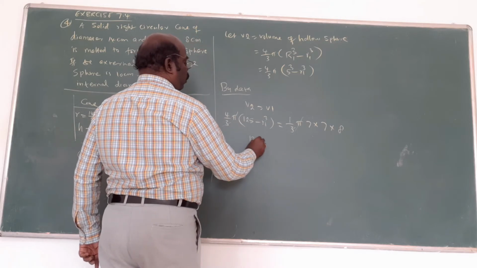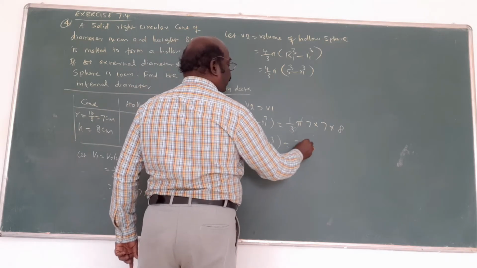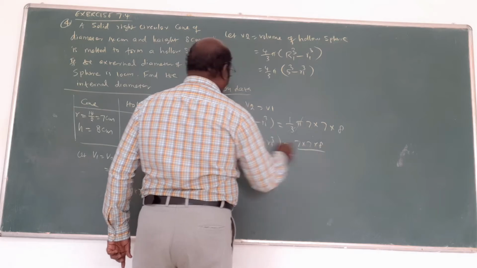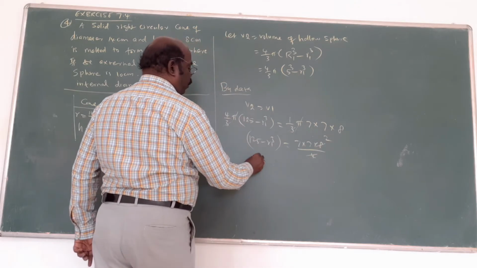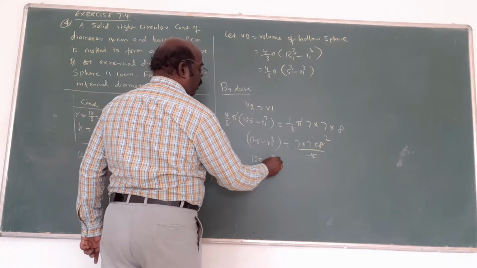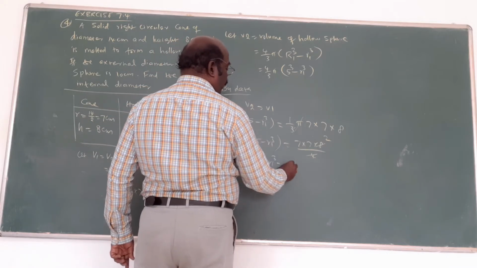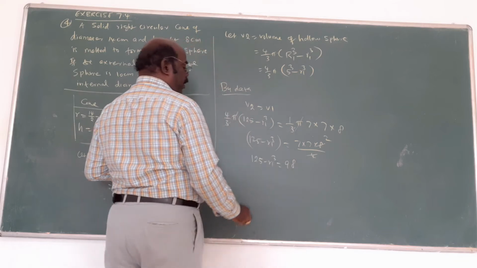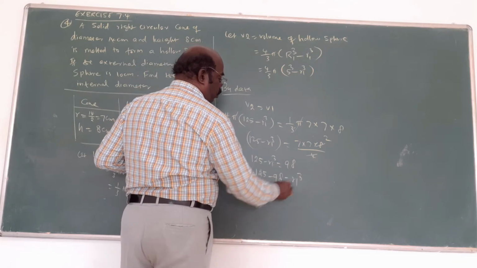Now 125 minus R1 cube equal to 7 into 7 into 8 divided by 4. 1 time, 2 times. And again 125 minus R1 cube is equal to 7 7s are 49, 49 into 2 is 98. Alright? Now 125 minus 98 equal to R1 cube.